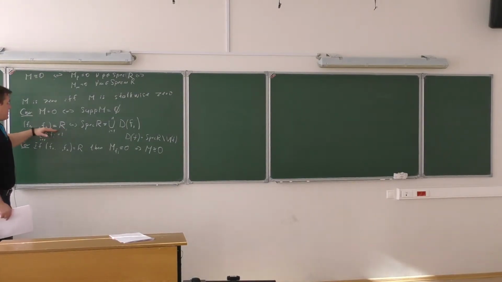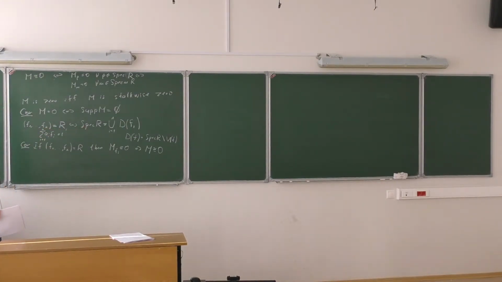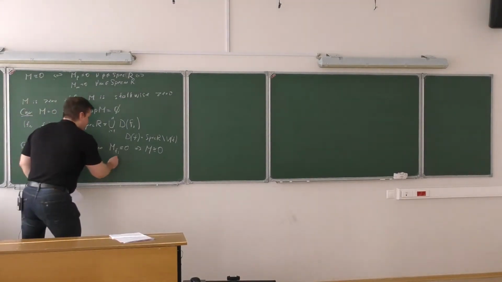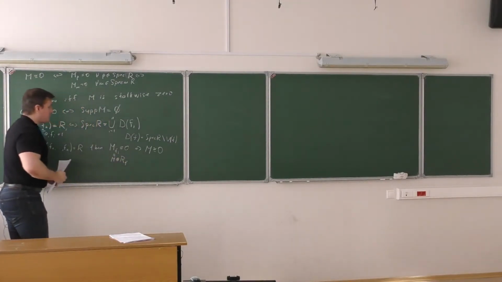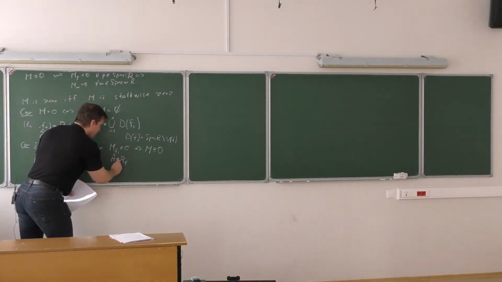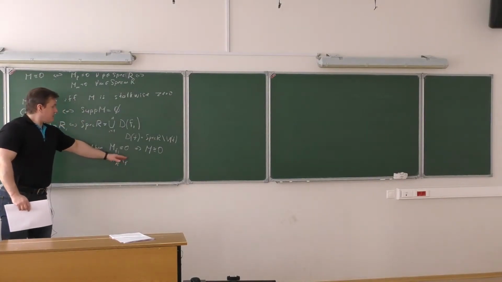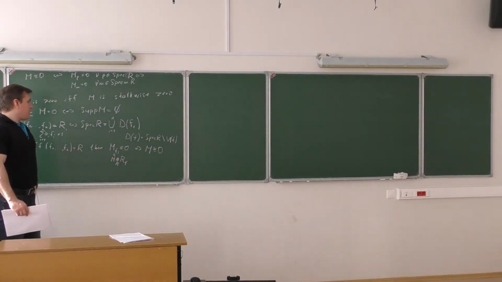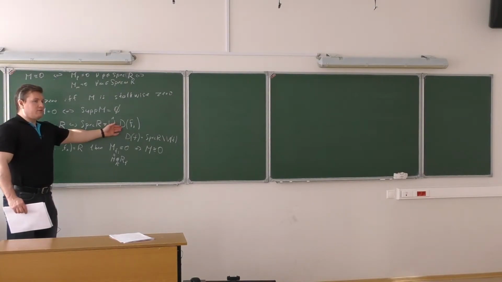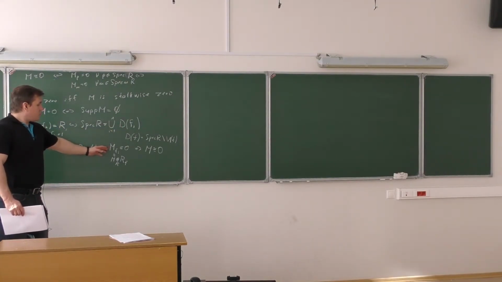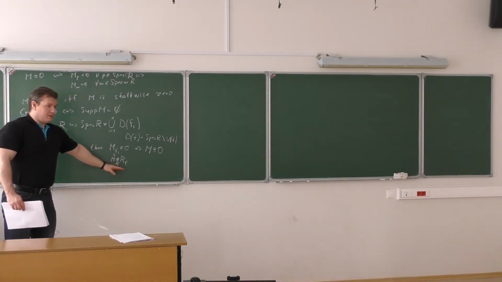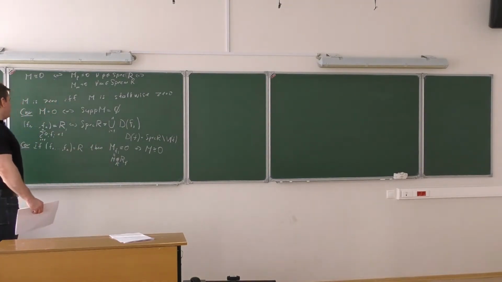We have a cover, and on each of the subsets of this cover the module is zero. Essentially you take the tensor product with the localization of the corresponding element, and this localization is exactly something that has support on the D(f) that we saw in the seminar. So you can think about this localization as the restriction of the module to this open subset. All the restrictions are zero, so the module is zero. In these terms it's quite a natural statement.